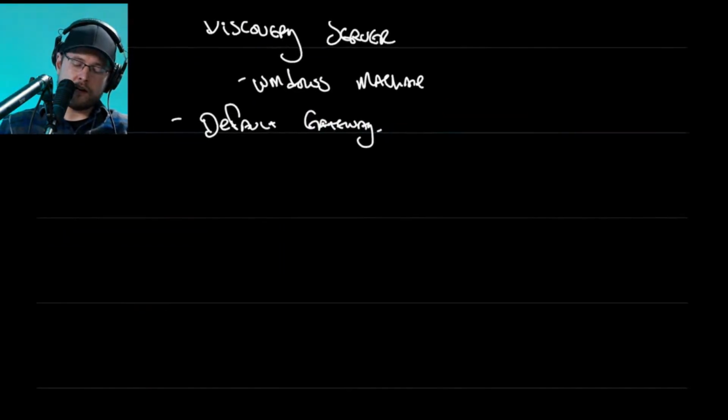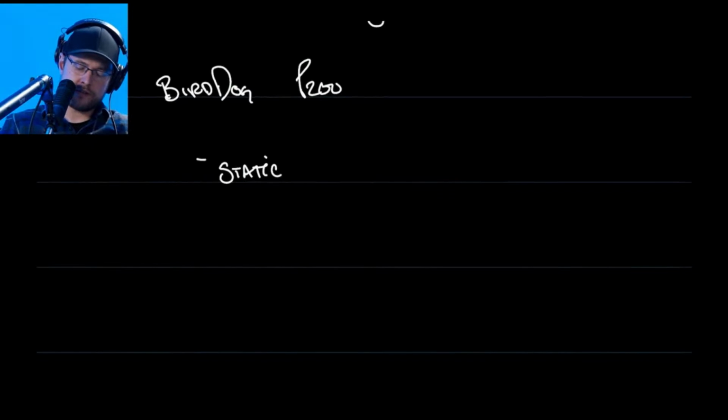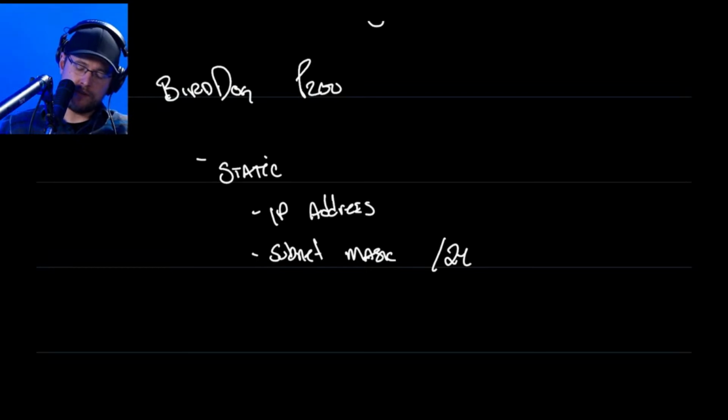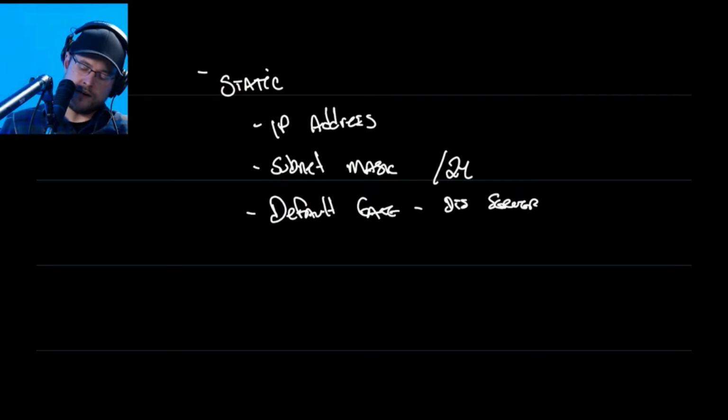So when you are on a BirdDog device, let's just say it's a camera, like a P200, inside the static information, you're going to set the IP address. You're going to set the subnet mask at /24, 255.255.255.0, and then your default gateway is going to be your discovery server IP address.